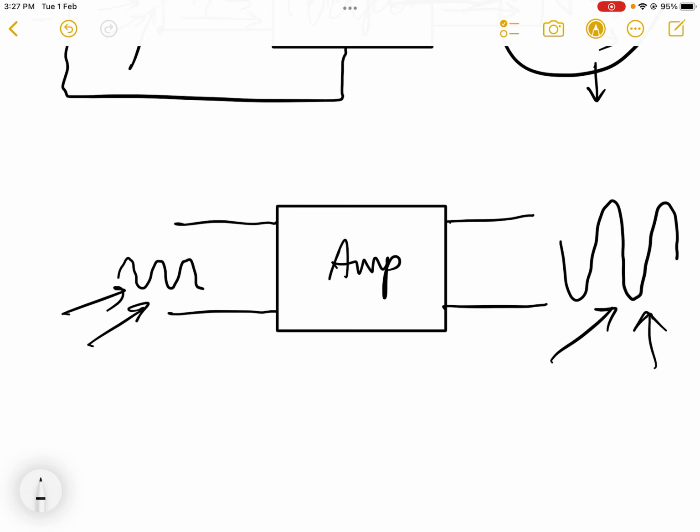There is one very big difference. Here the input signal has the positive half cycle, and at that very same time we are getting the negative half cycle at the output. So this type of amplifier, which produces a negative half cycle at the output when the input is at the positive half cycle, is known as an inverting amplifier.